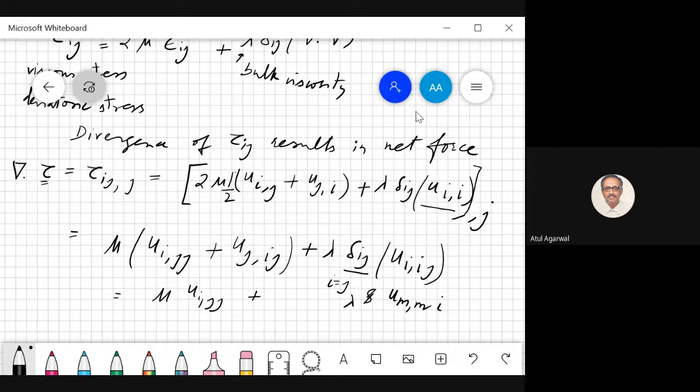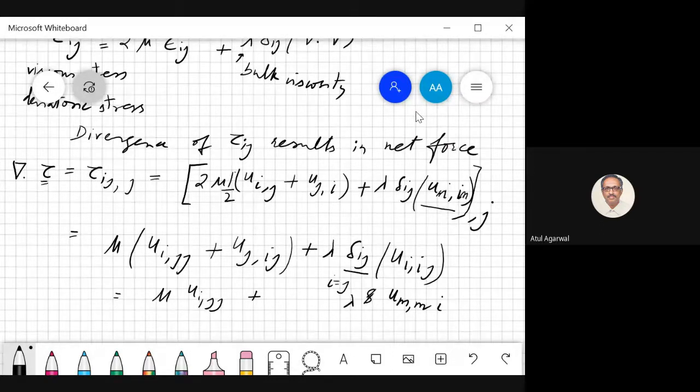The problem here was you have another i here, and generally we don't like more than two same indices. So instead of i I could have written m. Okay, sir. So now it is like a scalar quantity. Um comma m is a scalar quantity. You want this derivative with j.